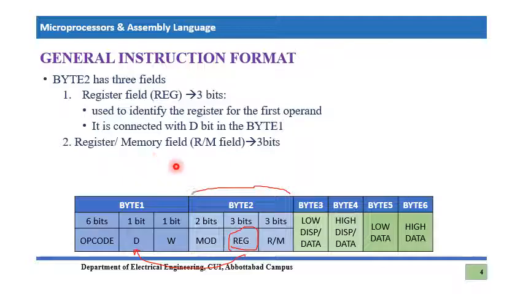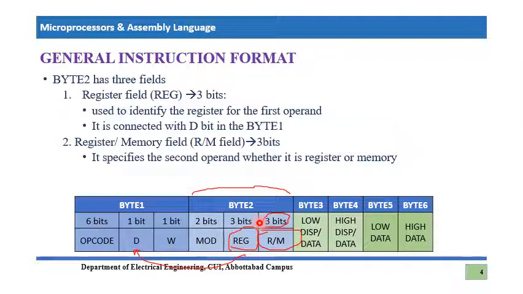The second field in this byte 2 is the register/memory field, and that is also a 3-bit field. It specifies the second operand. So these two things, reg and r/m, specify two different operands.